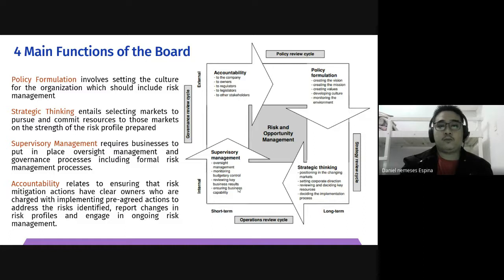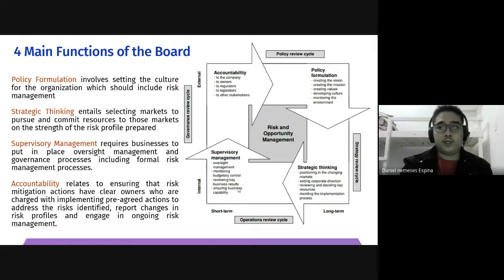In policy formulation, the business must be able to create its vision and mission, set the values, develop the culture in the company, and lastly, monitor the environment.